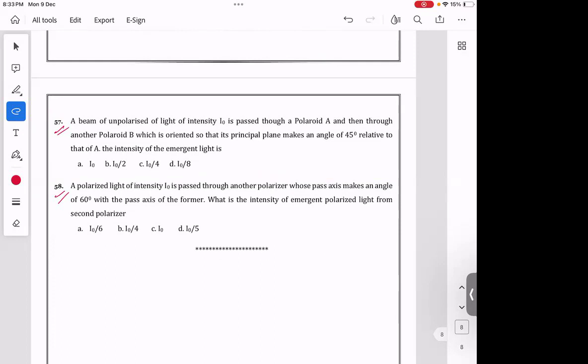Now, let us take the problems based on lenses, students.